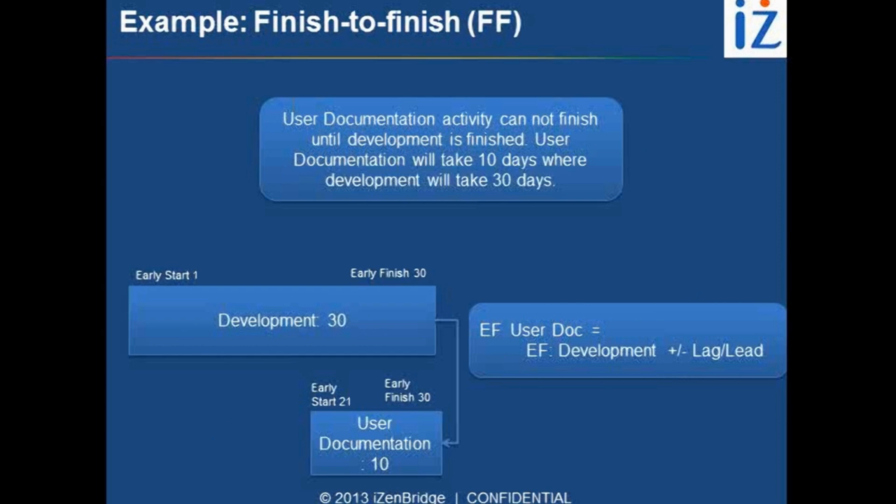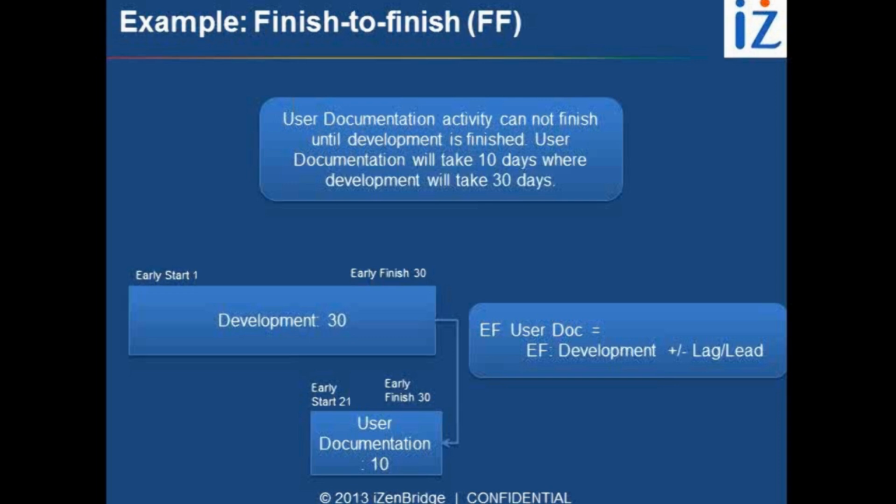Example, the user documentation activity cannot finish until the development activity is finished. So user documentation will take 10 days, where development will take 40 days or 30 days. You are driving that we have to finish together, and I cannot finish the user documentation till the time development is finished.